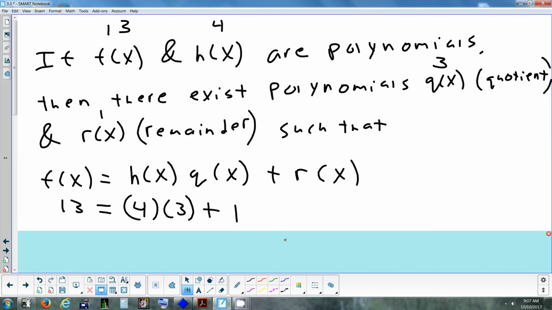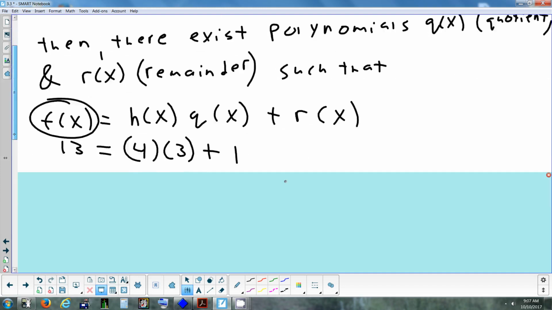Take your denominator, multiply by your quotient, and then add your remainder. If you type that into y1, and then you type your original numerator into y2, those would also look the same. Okay, so it's just kind of like what we just did, but it's just a different way to think about it. That's all.